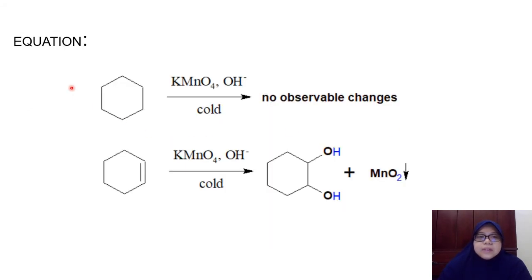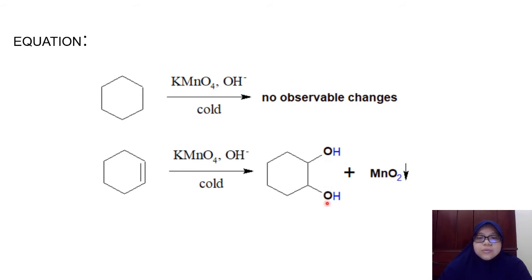And then we will write the equation for both compounds. The first one is cyclohexane reacting with KMnO4, OH minus, cold. There will be no observable changes because the purple color does not change. But in cyclohexene reacting with KMnO4, OH minus, cold, this reaction will produce a diol.